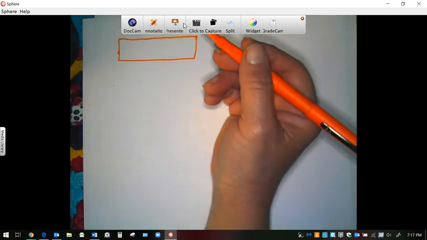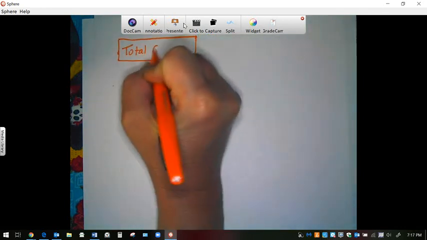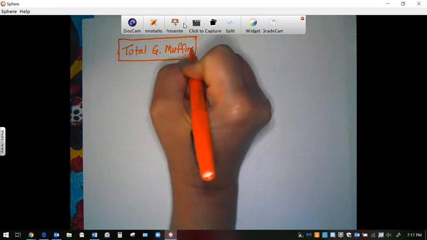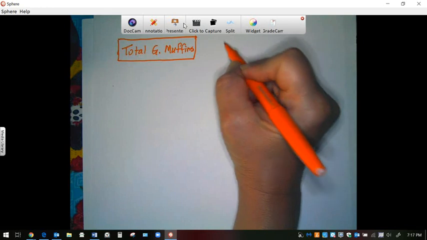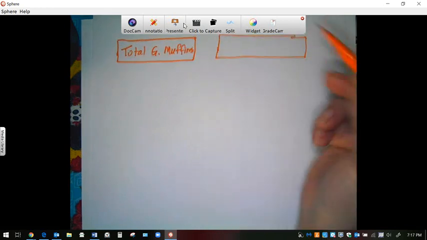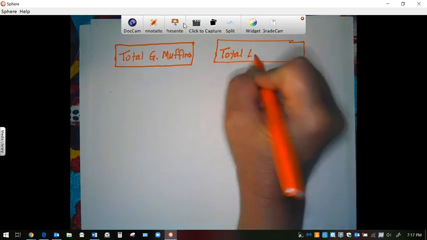So let's figure out total. We're going to go ahead and figure out total Glenn, so total Glenn's muffins. And then you're going to have another strip diagram of total Lori's muffins.